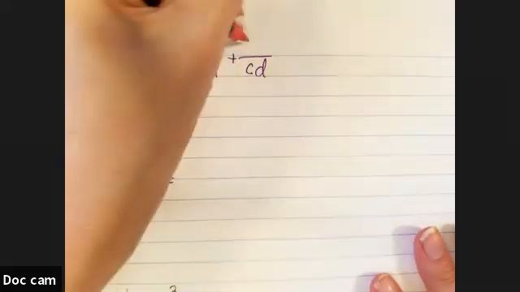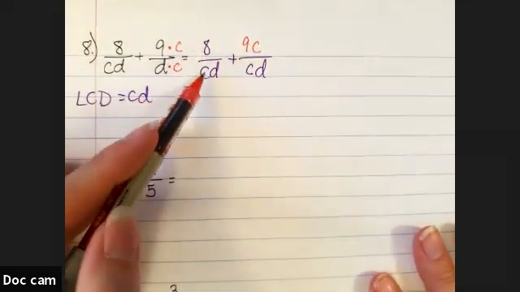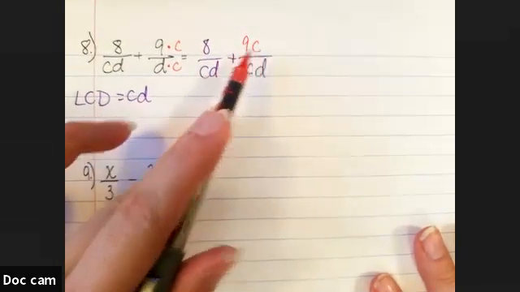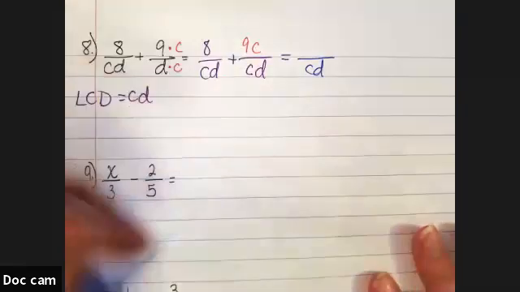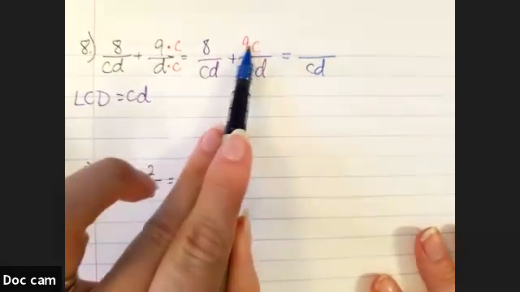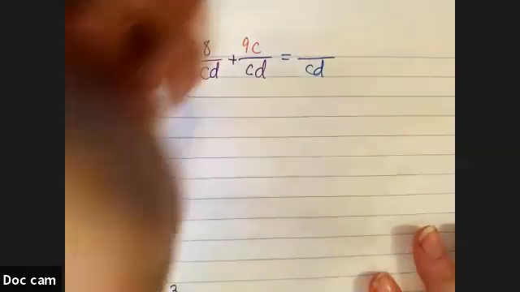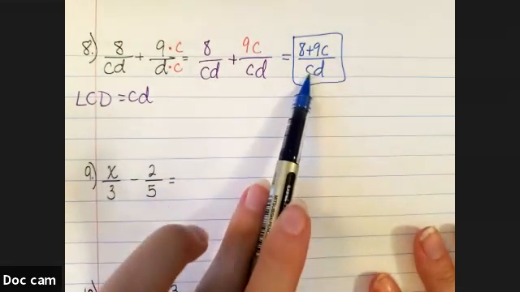So then that's going to be 9C on the numerator. So I've got 8 over CD plus 9C over CD. So the denominator stays the same. And then these are not like terms, so I can't really do anything other than just write down 8 plus 9C. So that's the answer. 8 plus 9C all over CD.